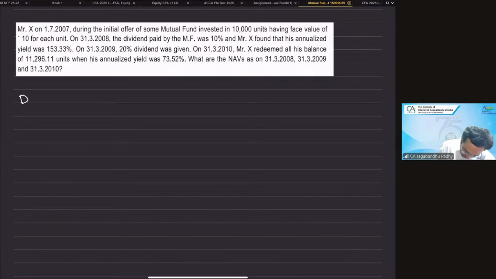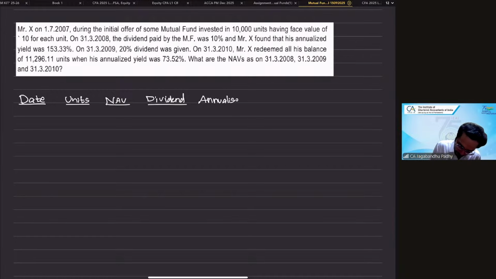Okay. So let me just write down the data in the proper format, so that it will be easy for us to compile it. So date, units, NAV on that date, dividend that they have provided on that date, and the annualized yield.